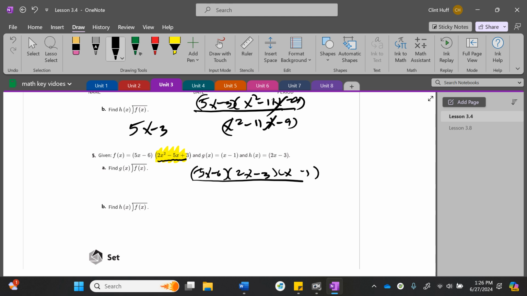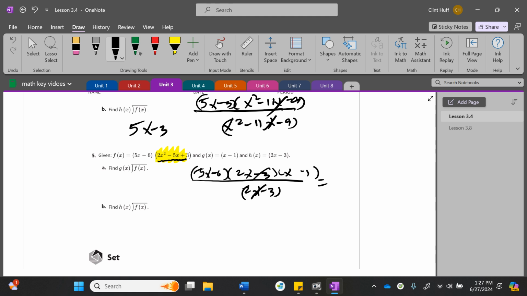So when I divide by g at x, which is 2x minus 3, my quotient is going to be the product of the two remaining factors, the 5x minus 6 and the x minus 1.